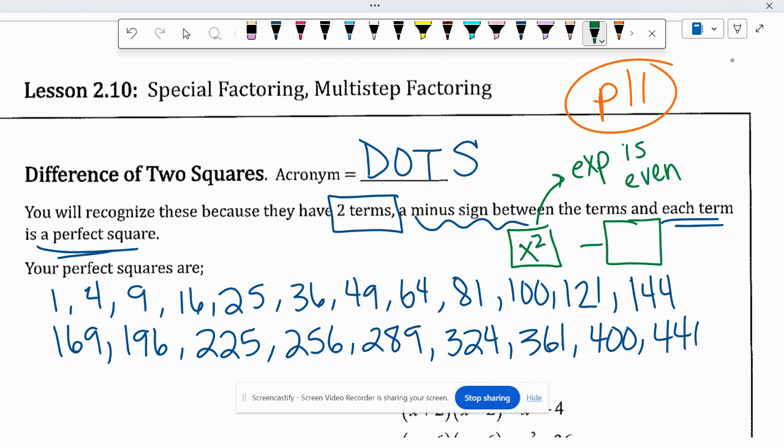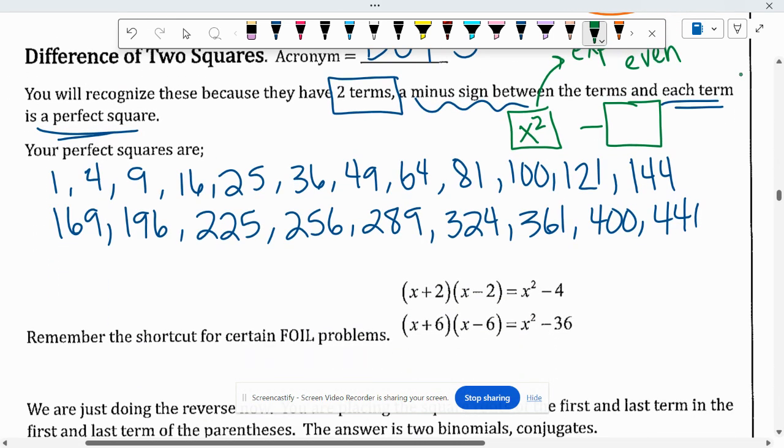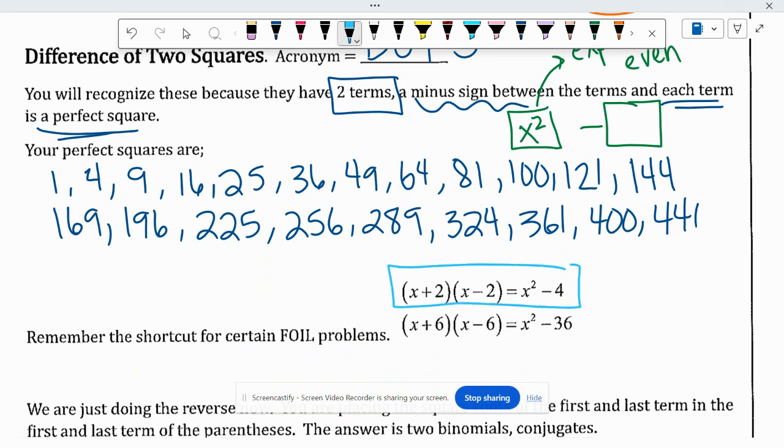So when you have the difference of two squares, they factor out like this. Okay, so I'm going to just take this x squared minus 4, and we're going to look at it. Well, I know that x squared is a perfect square because this is even, and I know that 4 is a perfect square.